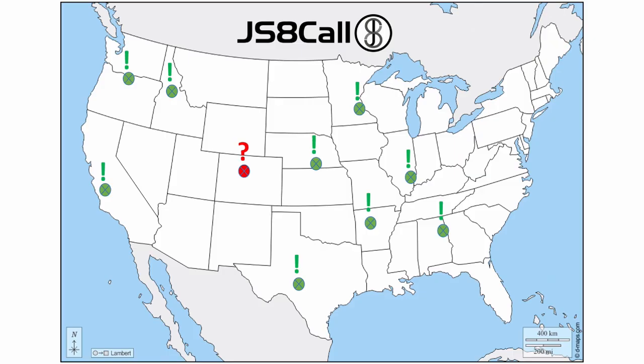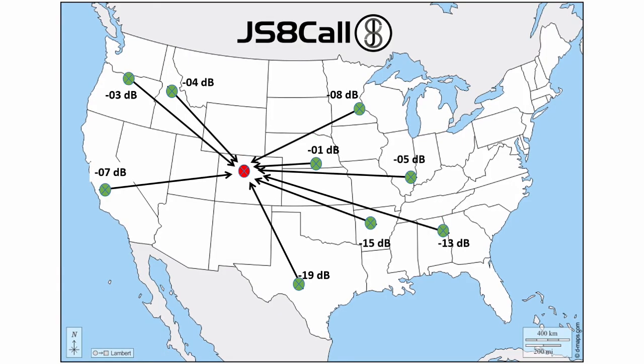Other stations that are on the air that have a good copy on you hear this, and then they will reply. And what they'll do is they'll send back the signal strength that they are copying you. And so you'll see, Idaho -4 dB, Oregon -3 dB, California -7 dB. And so this will let you know what your signal strength is with these other stations.